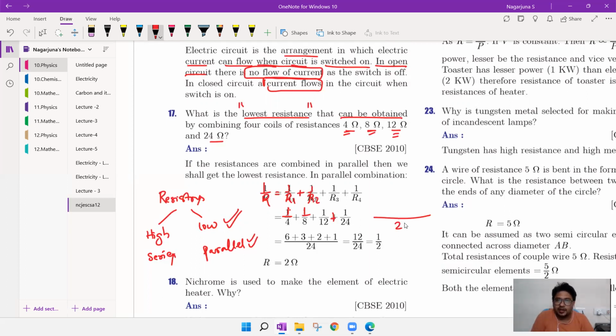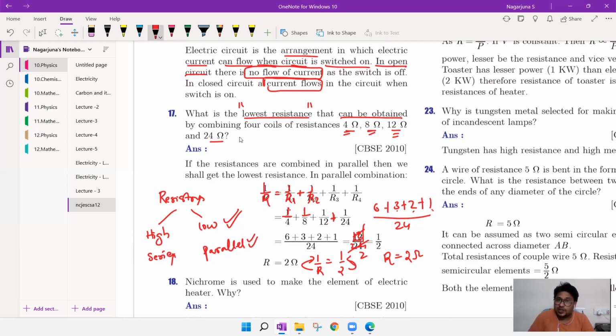Now the LCM is 24: 4 sixes are 24, plus 8 threes are 24, plus 12 twos are 24, plus 24 ones is 24. 6 plus 3 is 9, 10, 11, 12, so it will be 12 upon 24, 12 ones, 12 twos. So 1 by R is equal to 1 by 2. Take the reciprocal, and at last we will get R equal to 2 ohm. That is the least resistance we can get if you connect all resistors in parallel.